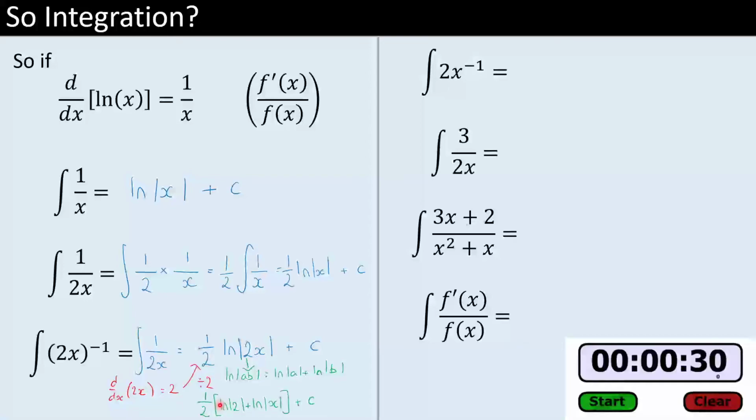Now, if I have half ln 2, which is just a number, and I add another number, that will get me a third and final number, which is just another constant. So actually, taking a half ln 2x plus c and having it equal to a half ln x plus c, as we got from up here, we can say that these two things will be equal provided that their constants are different.